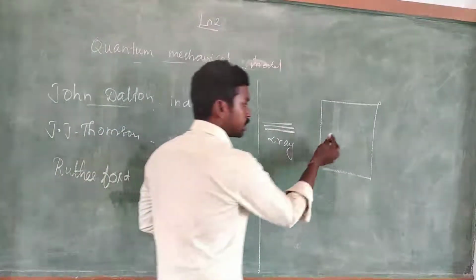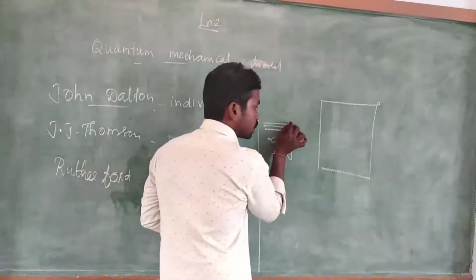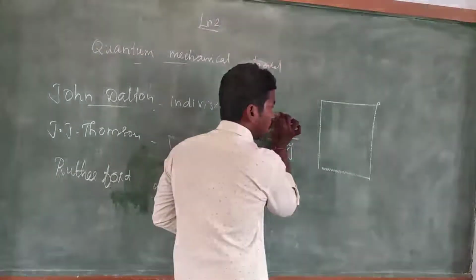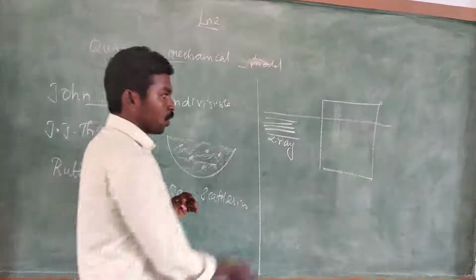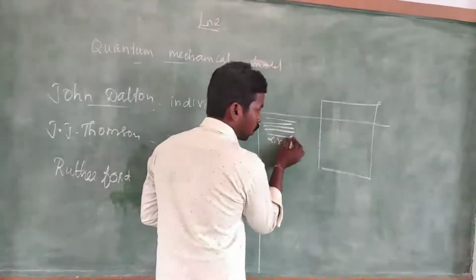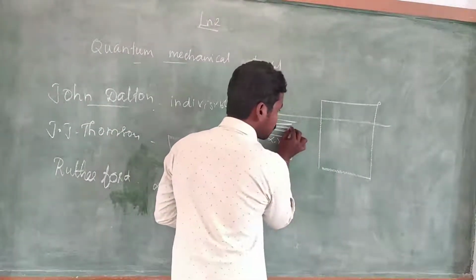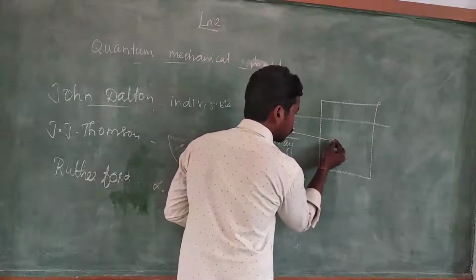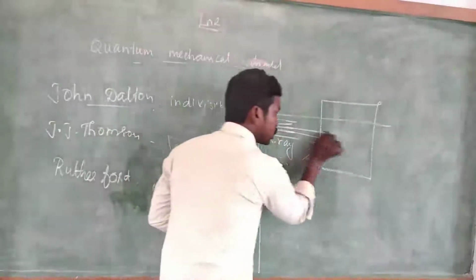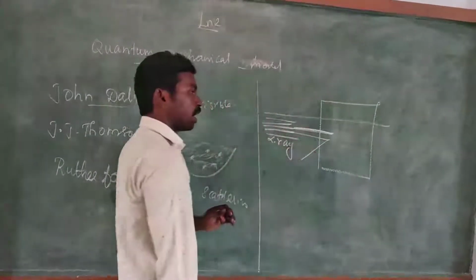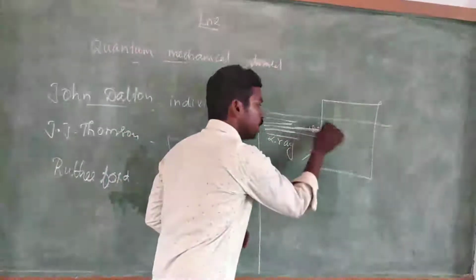At that time he observed that some of the alpha rays are allowed to pass through the gold foil, whereas some of the alpha rays are deflected by an angle, whereas some of the alpha rays are deflected back at 180 degree.